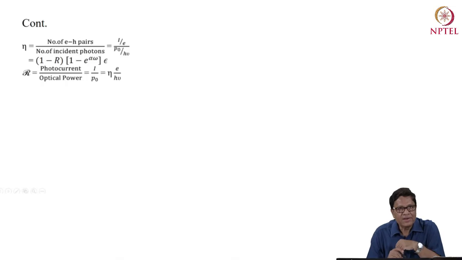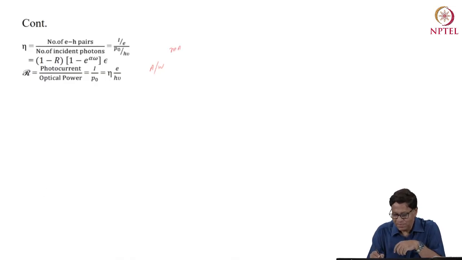And if I define the responsivity, it is defined as photocurrent divided by the optical power. The unit of responsivity, by the way, is amperes per watt. How many amperes do you generate when you give 1 watt of power? Generally in optical communication, you don't generate amperes or watts of power.